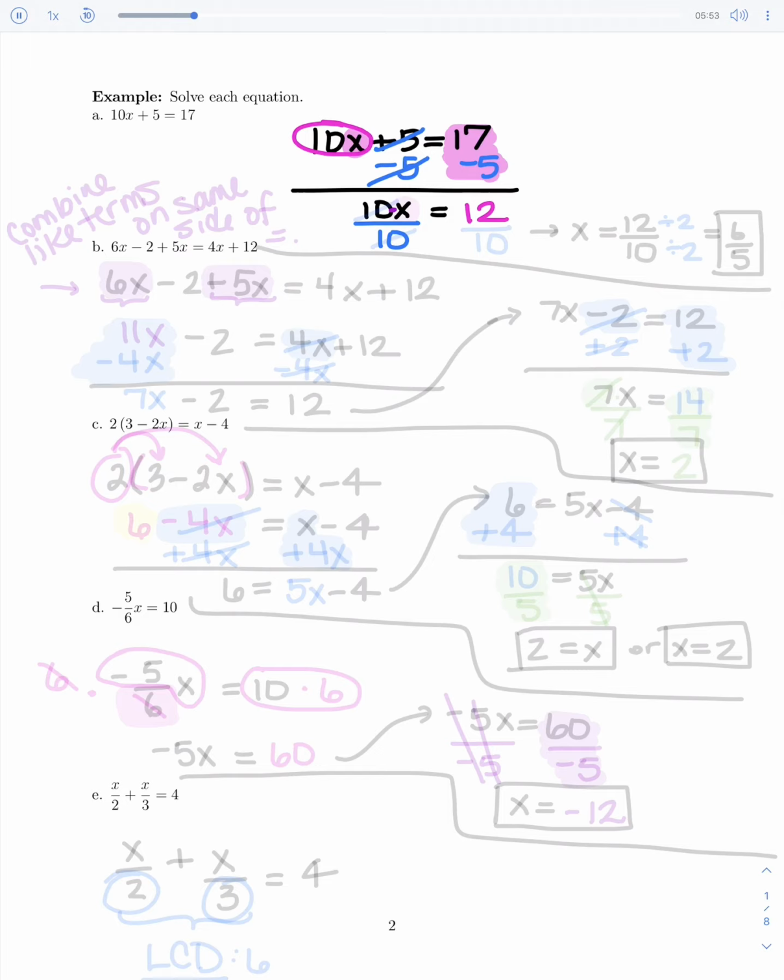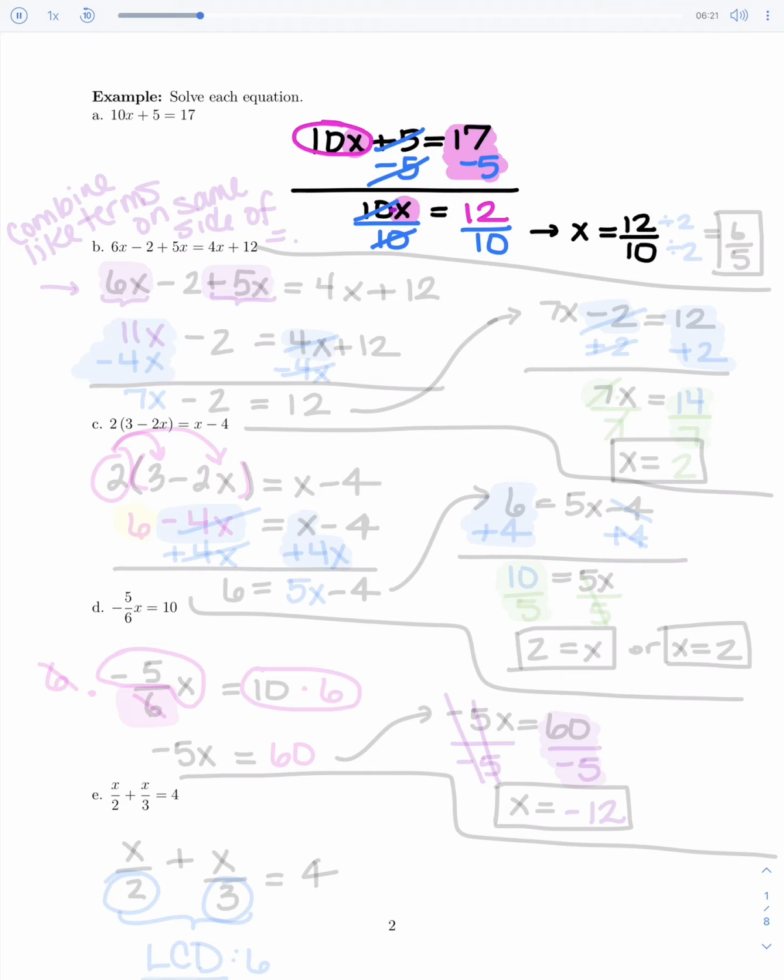But just like before, in order to maintain balance, if I divide one side by 10, I have to divide the other side by 10. So what that will do is get rid of my 10 in front of my x. So I still have my x on the left-hand side, but that's all I have on the left-hand side. And on the right-hand side, I now technically have 12 over 10.